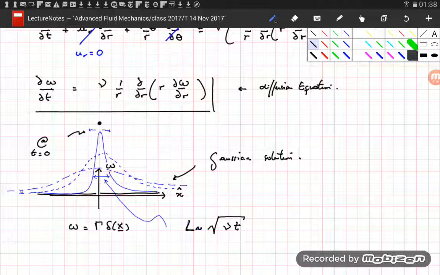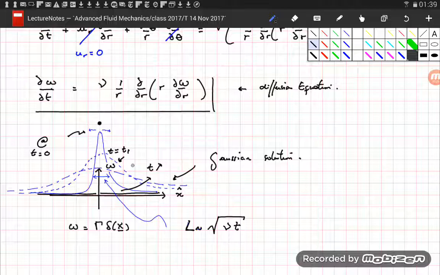Right, so I should say this is at time t, and here, as the peak decreases, time increases. Let me just say here that time increases. So this is t equals t1.